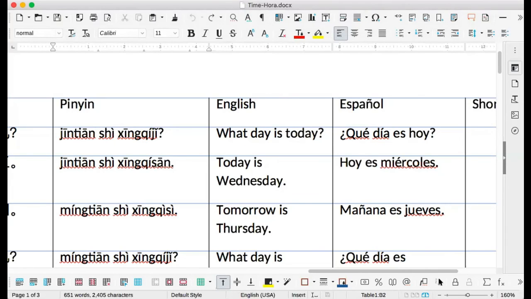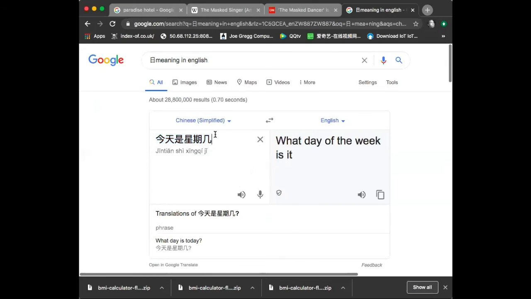So one last tip here is, if you see what we're doing, we're saying 今天是星期几, right? And you said 几 is the part where we're asking how many or how much. So we are saying 今天 today, 是 is, 星期几 which day of the week.